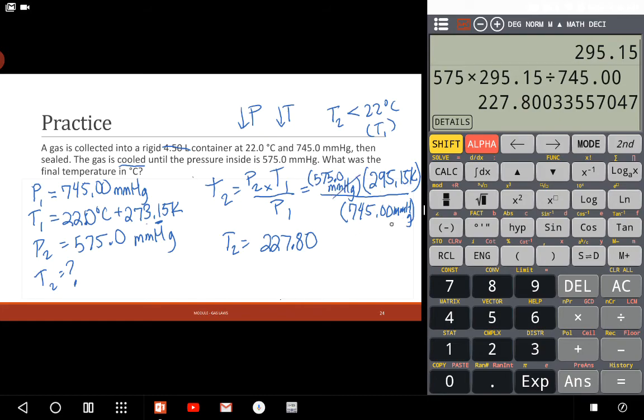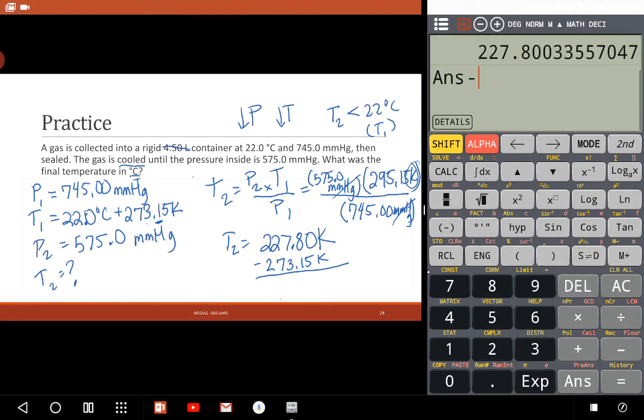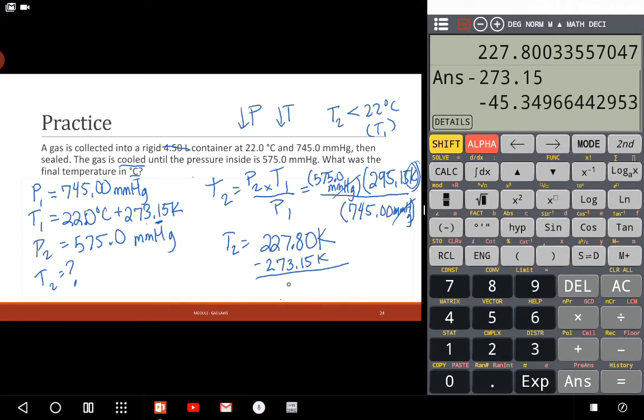The millimeters of mercury cancels out, and I'm left with Kelvin. So that's in Kelvin. I'm asked for degrees Celsius. So then I have to convert this back from Kelvin, by subtracting 273.15. And so that means that I have cooled my gas to be negative 45.35 degrees Celsius. How many sig figs do I need?